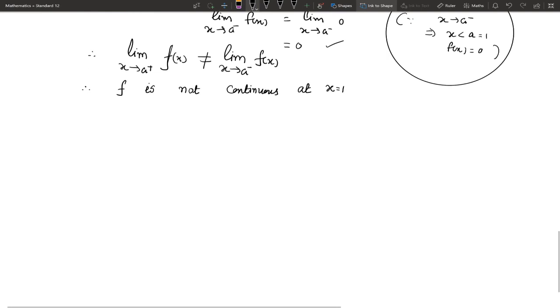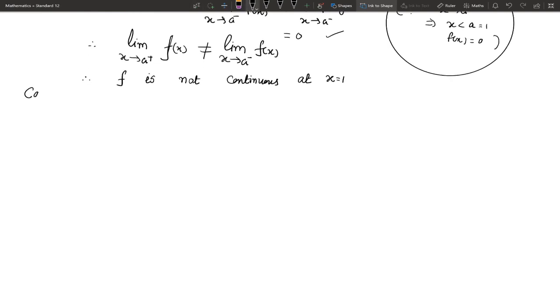And finally we take case 5, a greater than 1. So if a greater than 1, what is f of a? From the definition, f of x equal to 4x. So f of a equal to 4a.